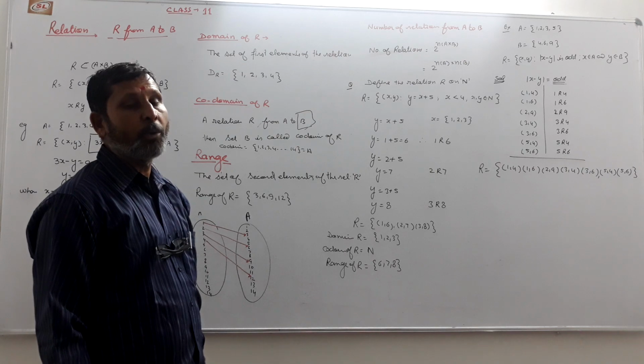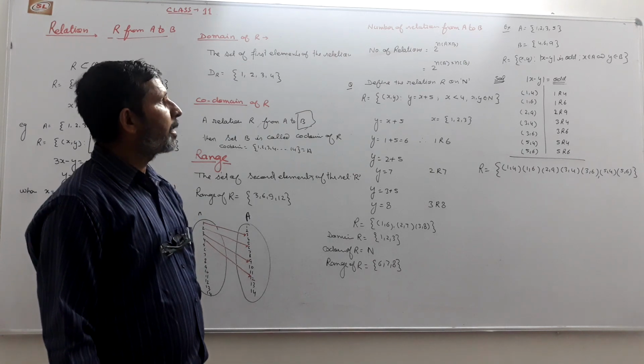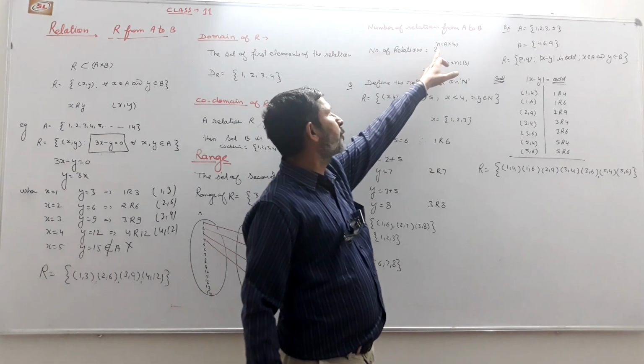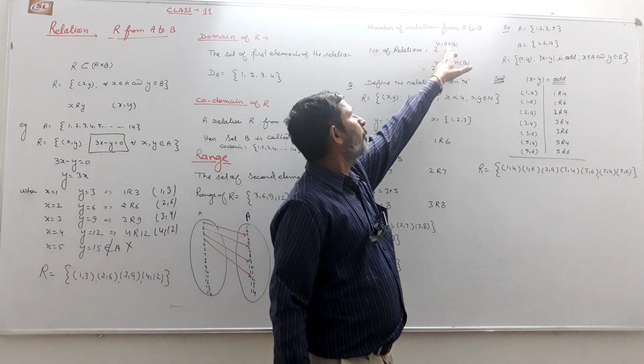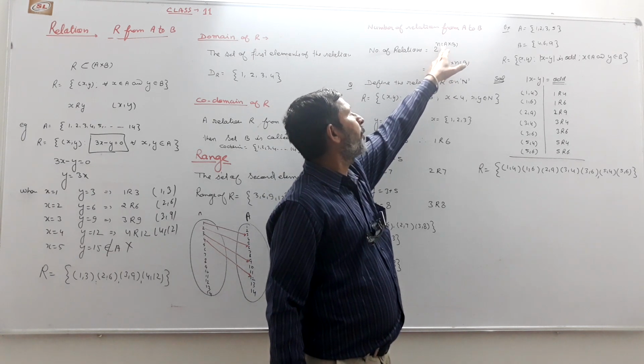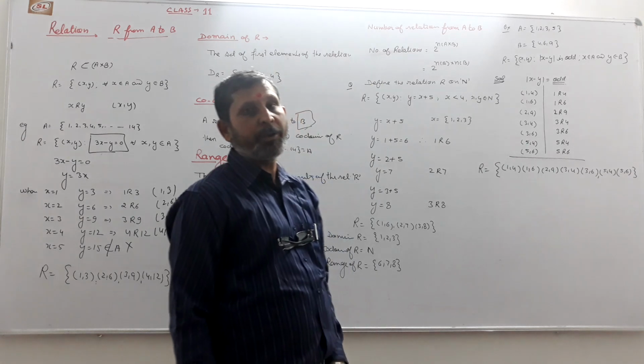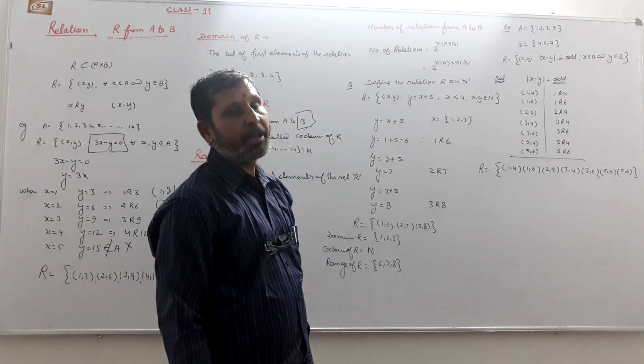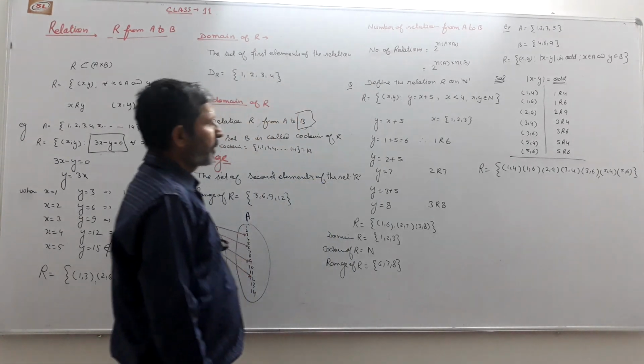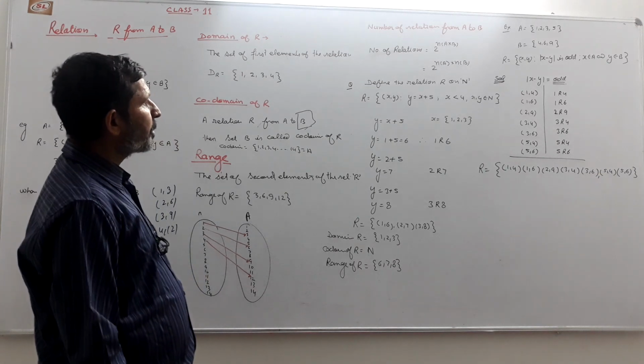The number of relations is always written as 2 raised to n of A cross B. n of A cross B means n(A) into n(B), the number of elements in set A times the number of elements in set B. It represents the number of possible relations from set A to set B. So the number of relations is always 2 raised to n of A cross B, which is also written as n(A) into n(B).